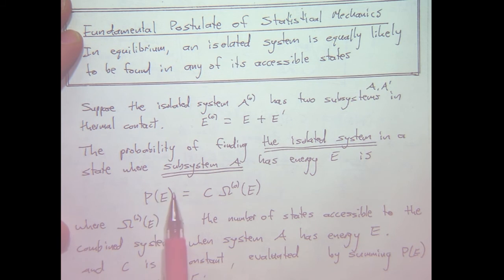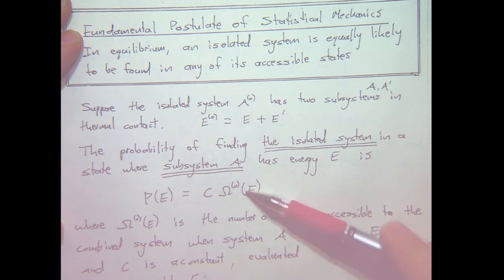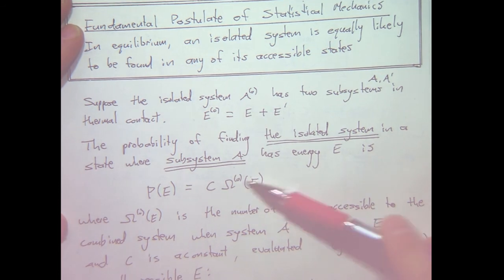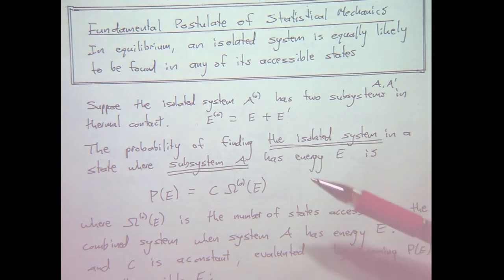So this P of E, we're looking at the isolated system, but the subsystem A has that energy, is proportional to some constant times the number of accessible states of the isolated system when subsystem A has energy E. Okay.